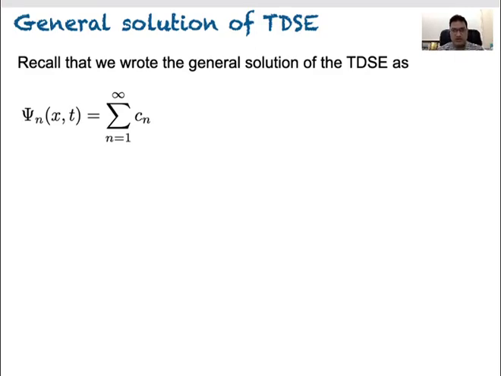This is a coefficient Cn, and now we can take the linear superposition of several phi n, and that will give psi n. Now we have to take a time dependent phase, so we have taken the time dependent phase as e to the power minus i E n t over h cross. So this is our general solution of the time dependent wave function, where Cn are the complex coefficients.